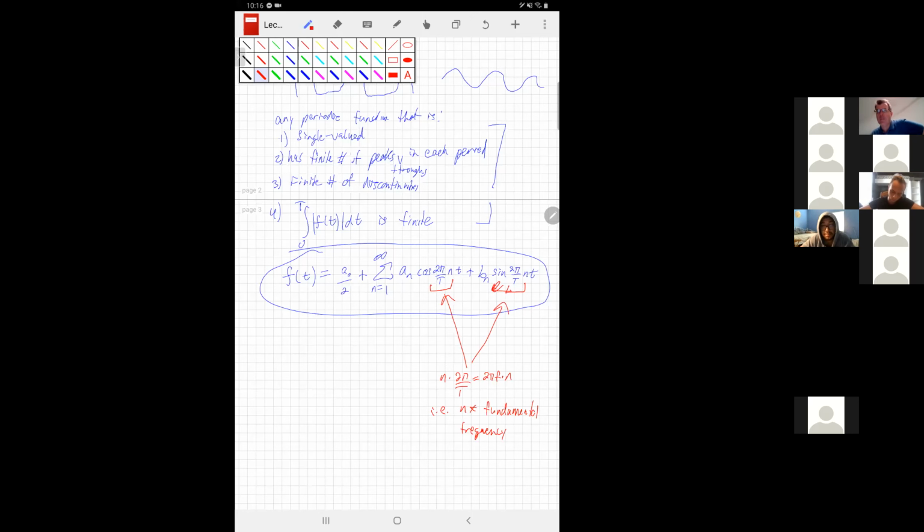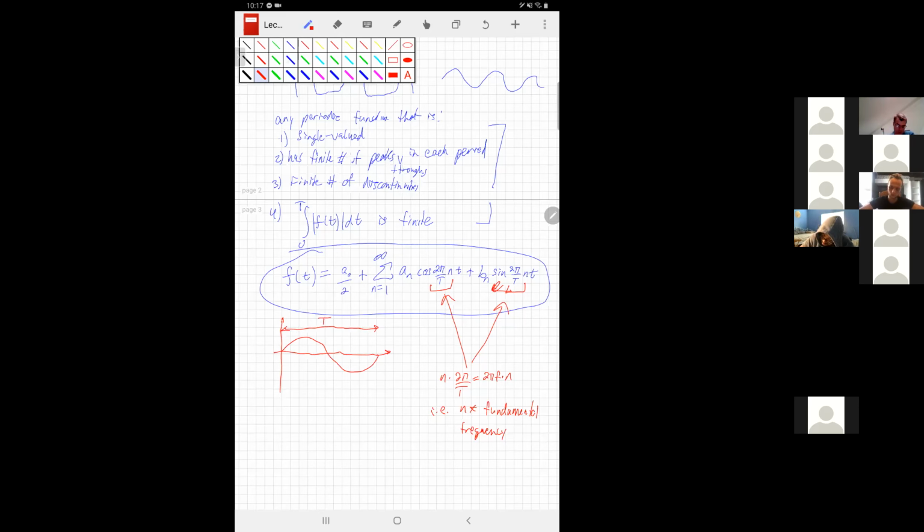So you can take something that's periodic and you can break it down into a sum of things that all have the same period. And you may be thinking, wait, they all have the same period? Well, yes and no. Here's our fundamental, right? Here's our lowest frequency.